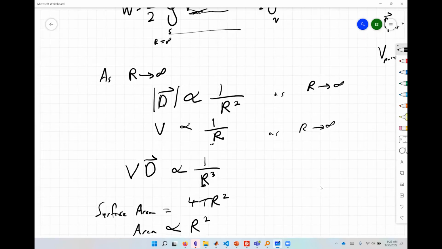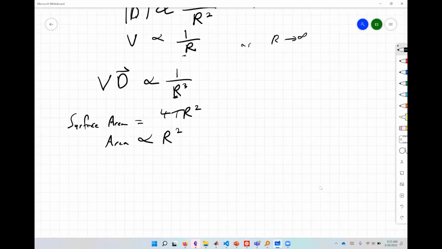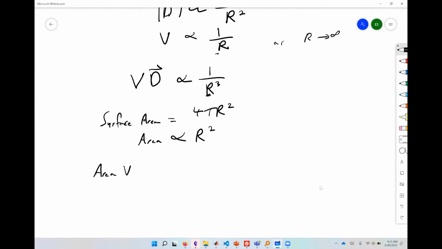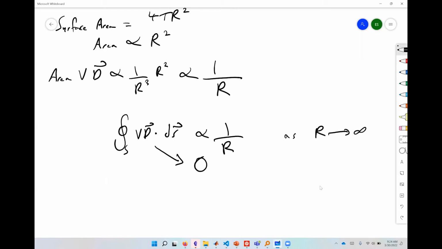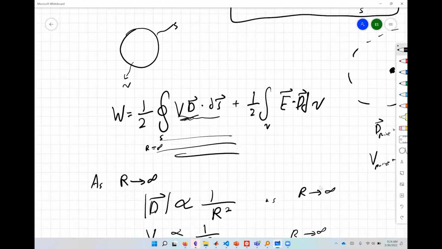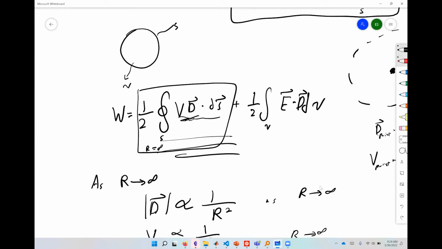Ultimately, this whole integral is area times V times D, which is proportional to 1 over R cubed times R squared, which is proportional to 1 over R. So the integral of VD dot ds is proportional to 1 over R. As R goes to infinity, this whole integral goes to 0. So this thing is 0.